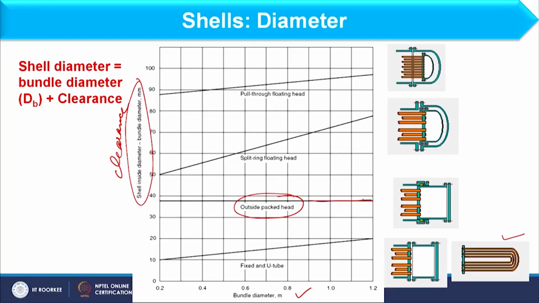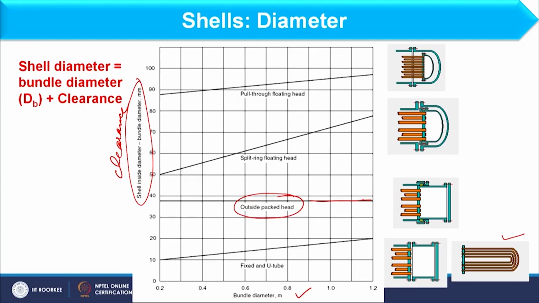Okay. So it will depend on the type of exchanger as well as the bundle diameter, because if the bundle diameter is large, we have to insert it carefully inside the shell, and so the space requirement will be high.